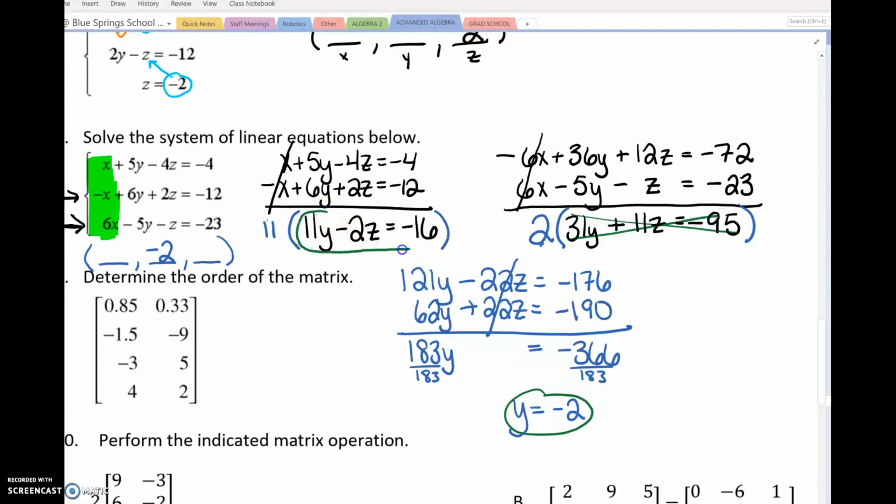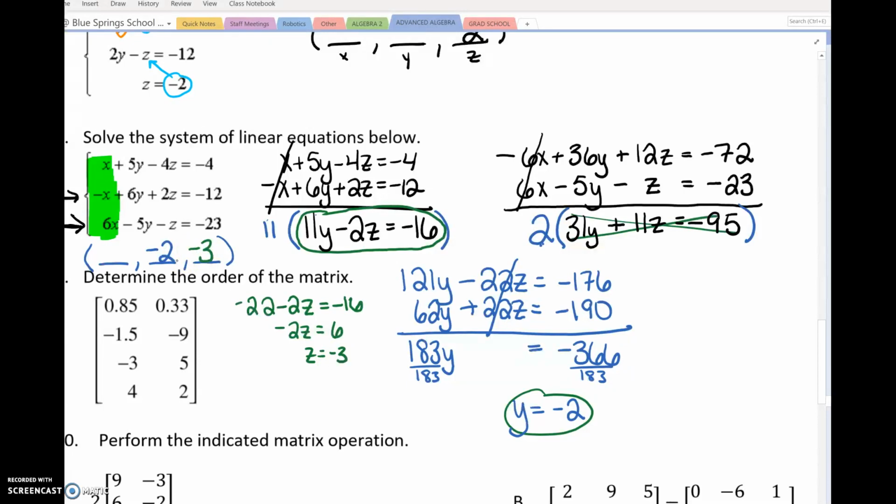So I'm going to plug it into this one. 11 times -2 is -22 minus 2z equals -16. Yes, I'm totally doing the work into number 9. It's totally fine. So -2z equals -16 plus 22, 6, which means z is -3.